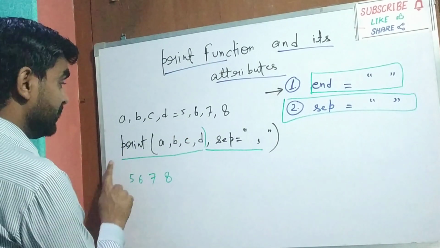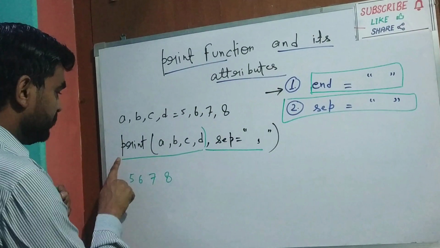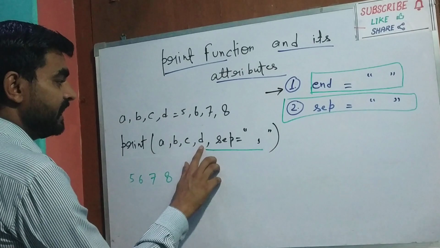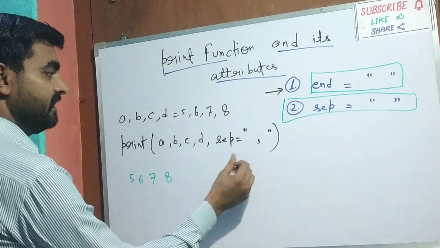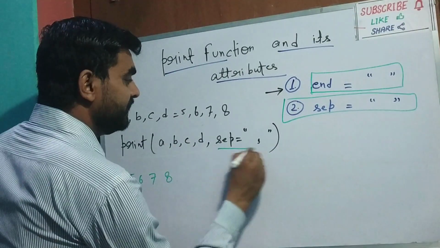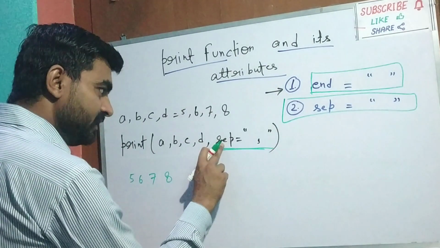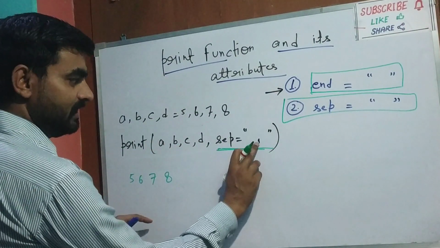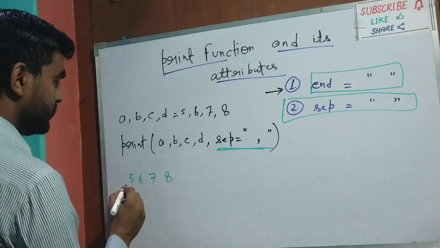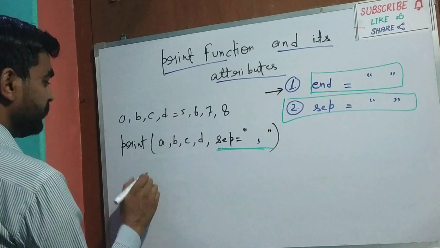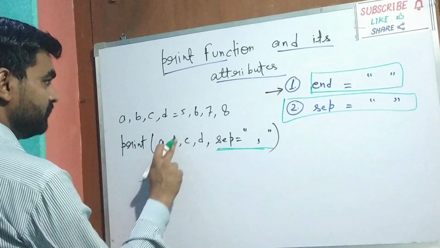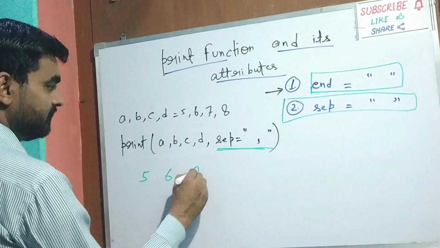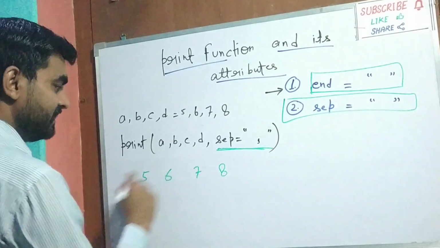This output would stop at this point if the bracket closed here. But in our program, see very carefully, the bracket is closed here and here you can find a sep keyword, which will separate the values of these variables with this symbol, and this symbol is what? A comma symbol. So again the value of A is 5, B is 6, C is 7, D is 8.